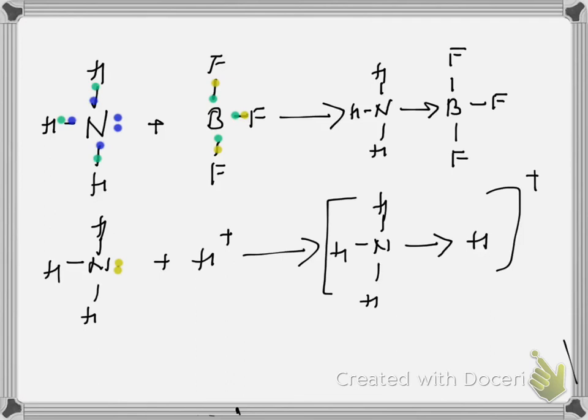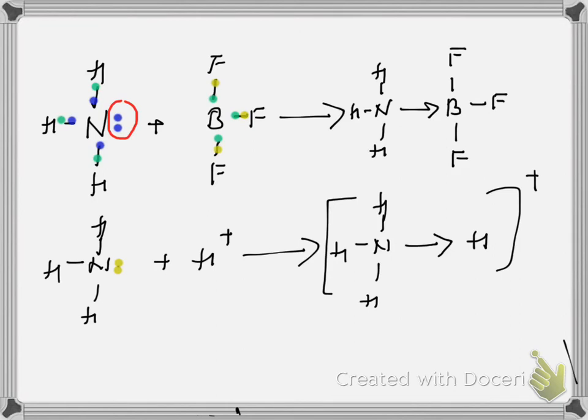For example, in ammonia, nitrogen has 5 valence electrons and gains 3 more electrons from the neighboring hydrogens, completing its octet. Even after completing the octet configuration, this nitrogen has 2 electrons free, or a lone pair.